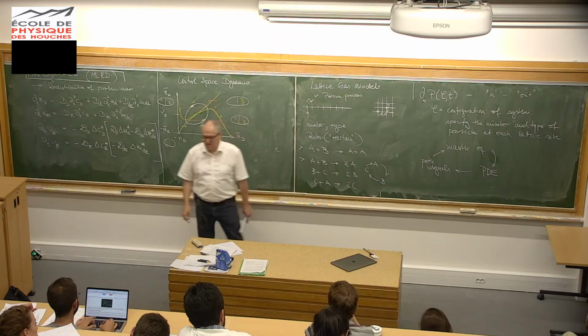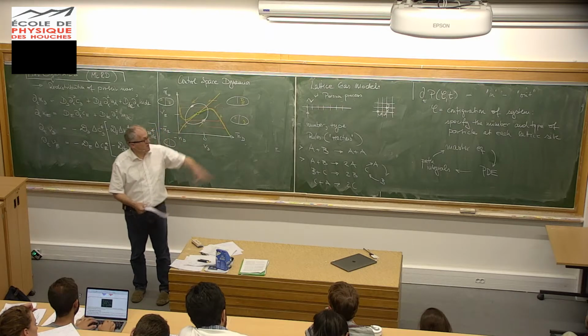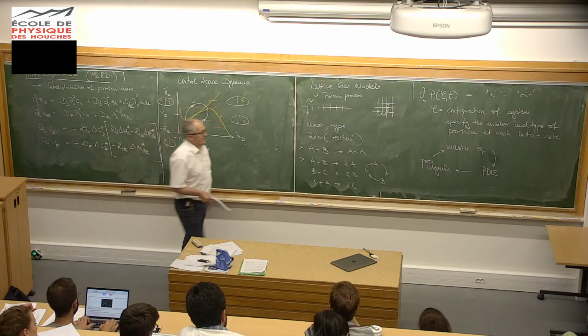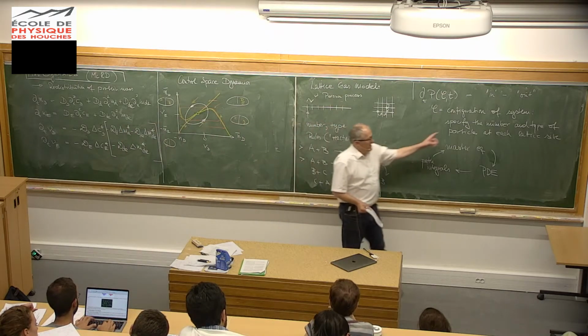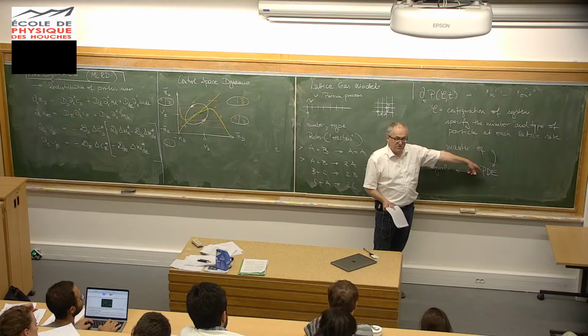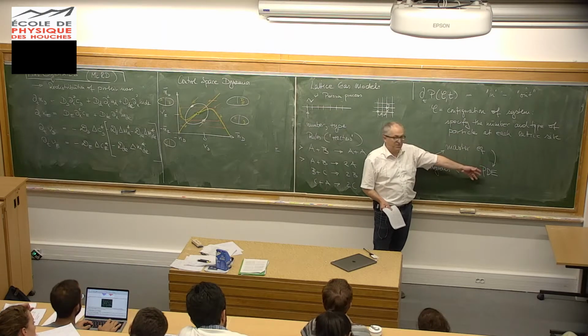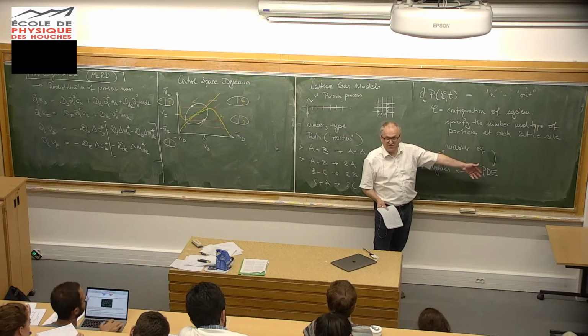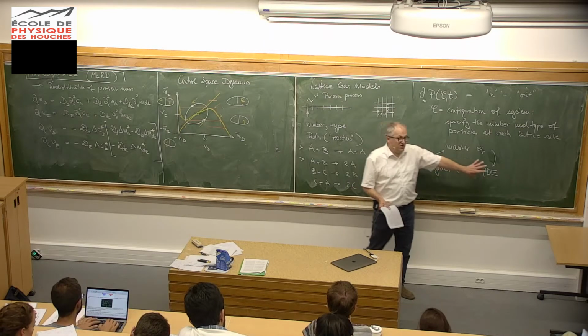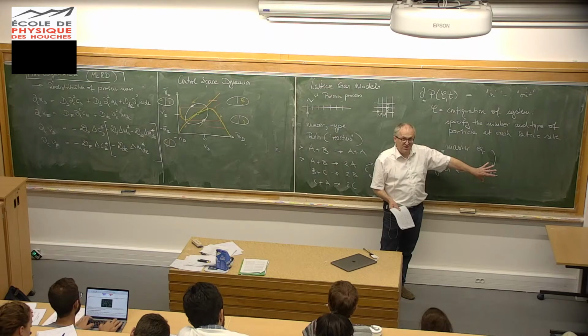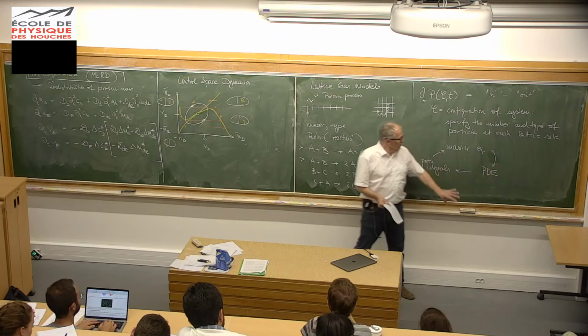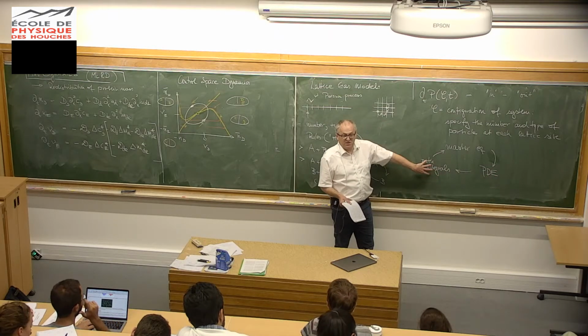You can have a master equation, which is of the structure I just wrote. You can also rewrite the master equation in terms of what's called a generating function. Then you get a partial differential equation for the generating function, and you can use that differential equation to construct a path integral.